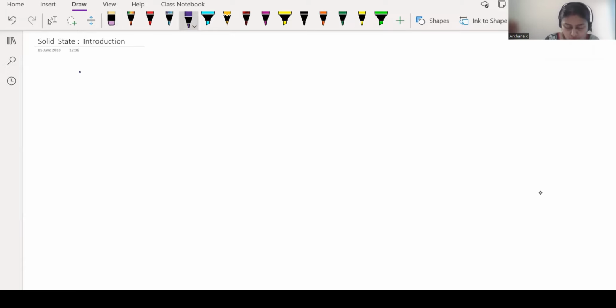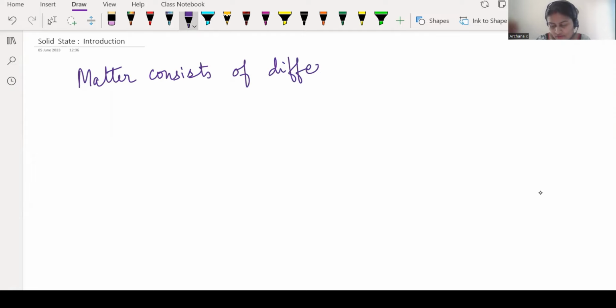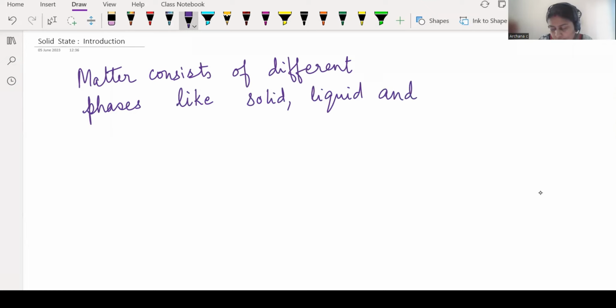Matter comprises of different phases like solid, liquid, and gases.